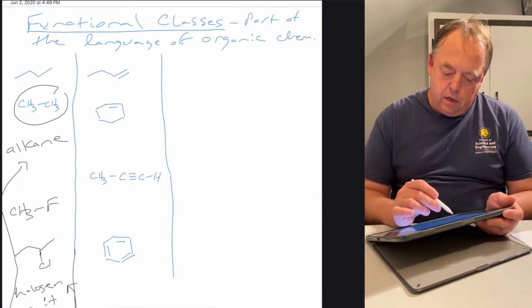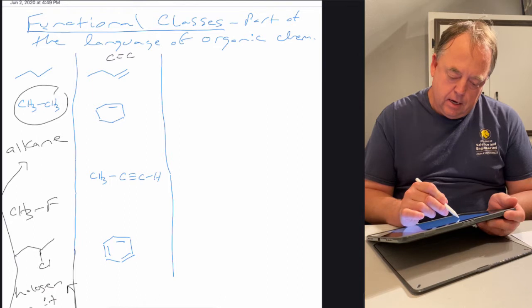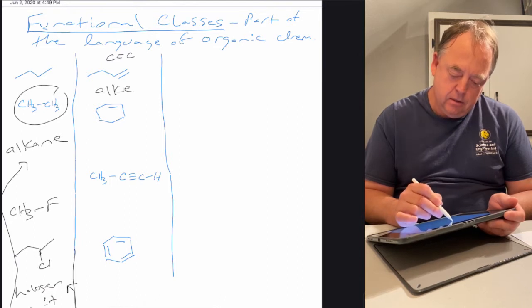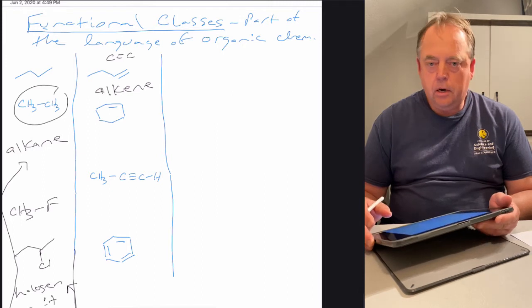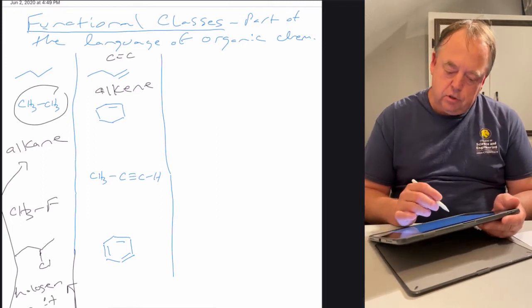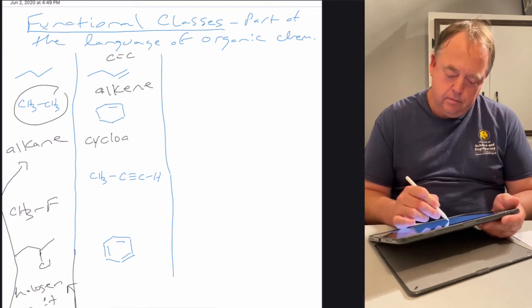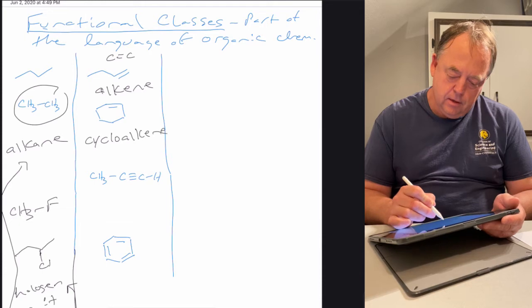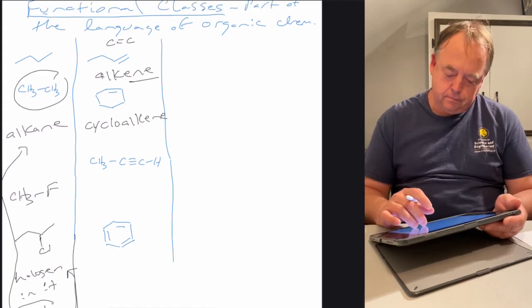Okay, if you have a molecule with a carbon-carbon double bond in it, then that's called an alkene. It doesn't matter if it's 1 carbon-carbon double bond or 10 carbon-carbon double bonds. If it's a ring structure with a double bond in it, then it would be cyclo, meaning it's a ring. And in alkene, the ENE basically tells you that it's a carbon-carbon double bond.